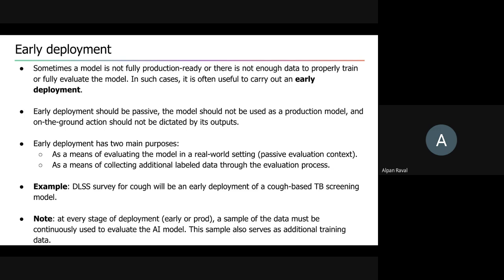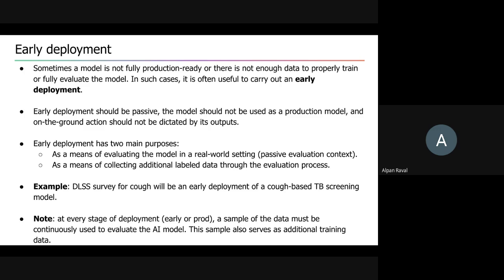The second use of an early deployment is actually to collect more data. The moment you evaluate an AI model, what are you doing? Your AI model is producing an output, right? To evaluate the output, you also have to know the ground truth. Otherwise, you can't evaluate the output.